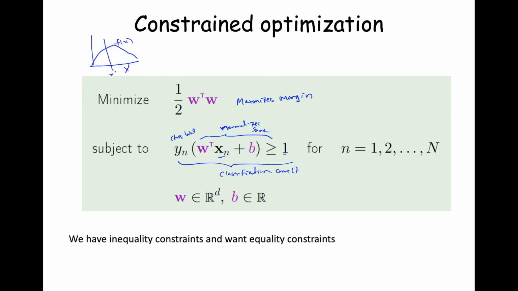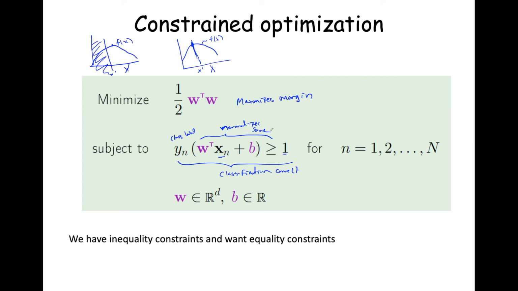So if we said maximize this function f of x such that x is less than x prime, now we have to check all of these values less than x prime. That's a lot of checking. If we said maximize f of x subject to an equality constraint, x equals x prime, well, I only have to check one condition, right? And that's my solution. So it's always easier in an optimization to have equality constraints.